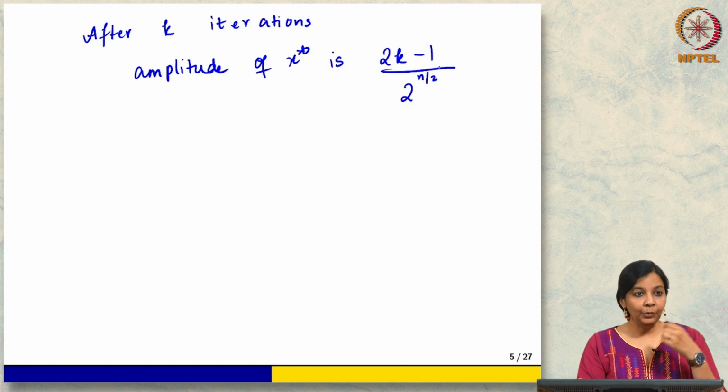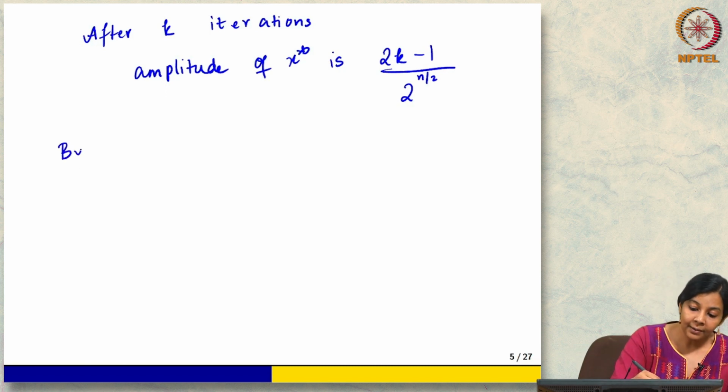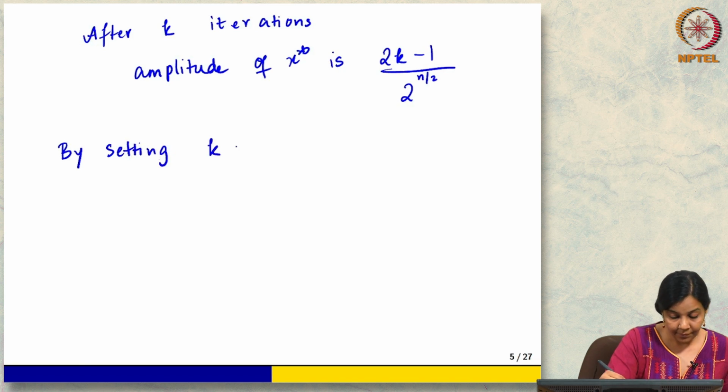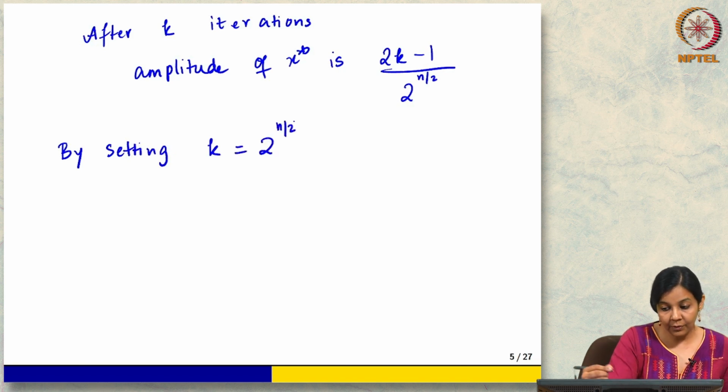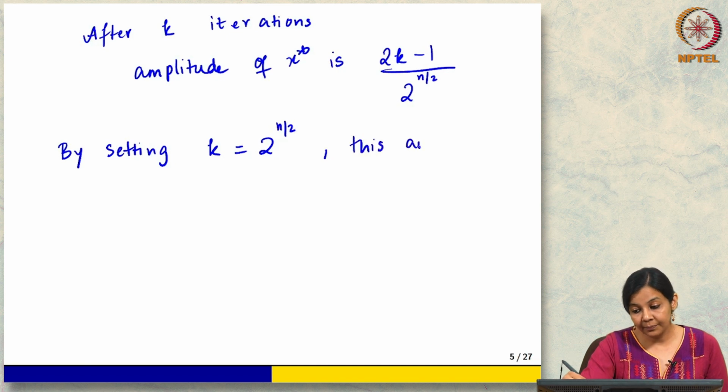So after k iterations it is going to be 2k minus 1 over 2 to the n over 2. Now by setting k as 2 to the n over 2, this amplitude becomes constant.